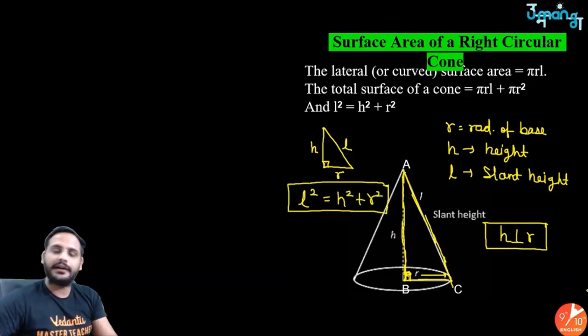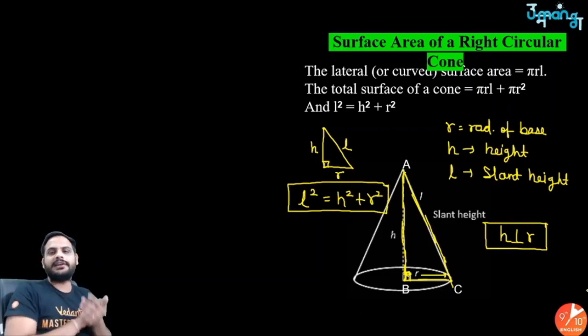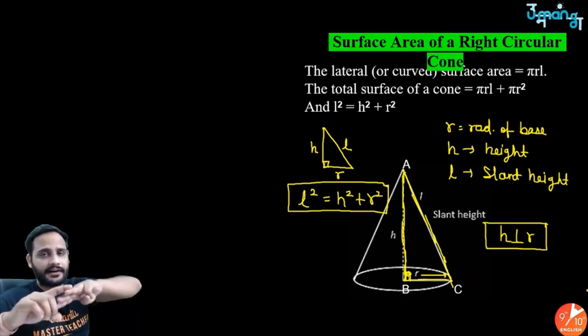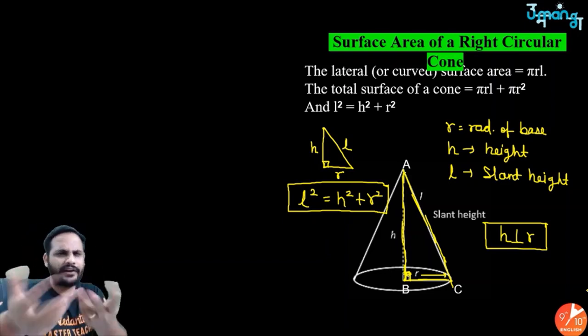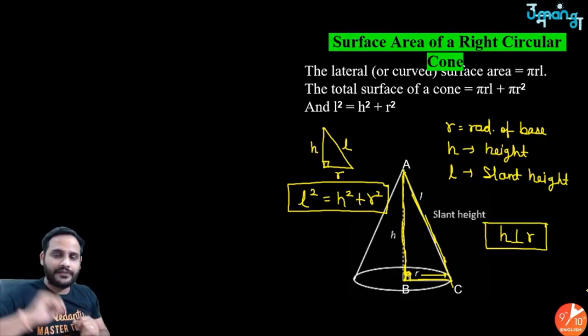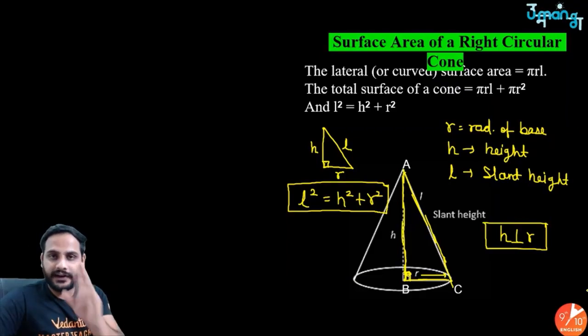In cone questions, out of slant height, height and radius, they will give you any two and you have to find the third one, which we can easily do using this Pythagoras theorem.